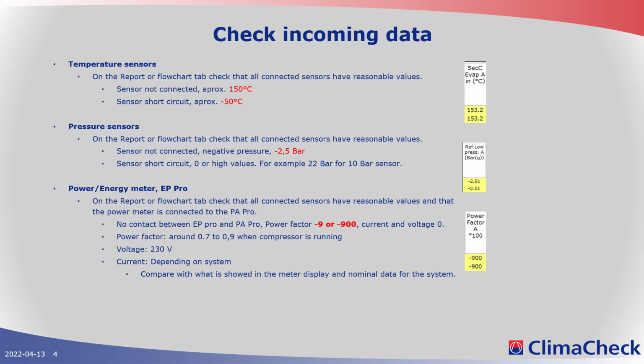Then we have pressure sensors. The pressure sensors most commonly supplied from us have a 1 volt to 5 volt signal. That means that if it's not connected, it's going to show you the offset of 1 volt. So a 10 bar sensor has a range of 10 bars from 1 to 5 volts, so 4 volts span on the signal. That means 1 volt will be -2.5. So when you have minus bars, you should normally be very cautious.